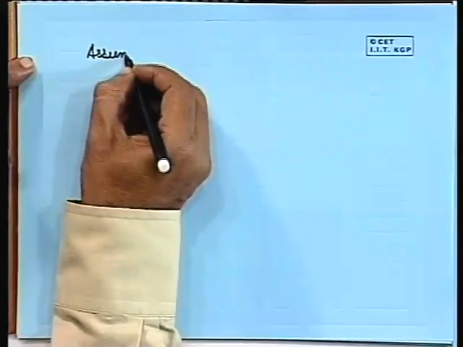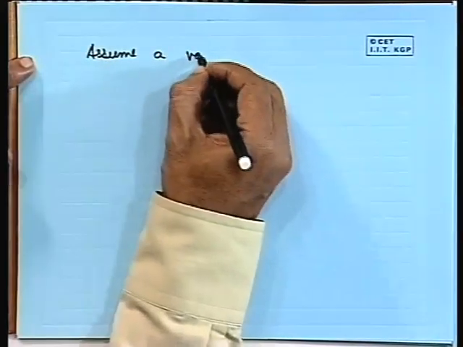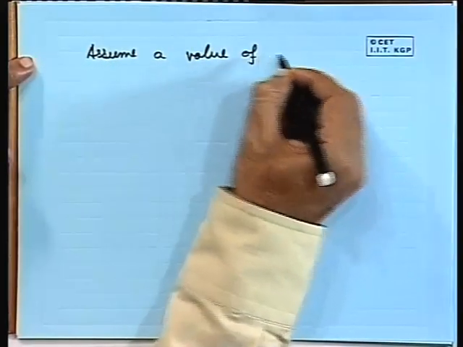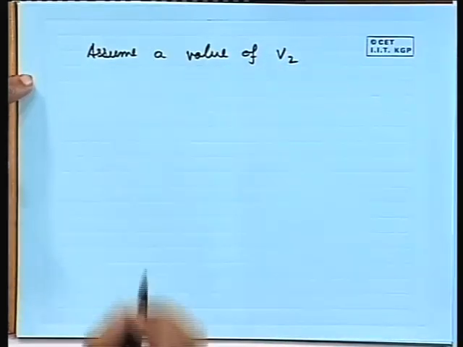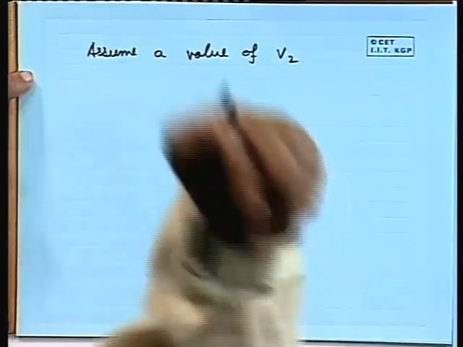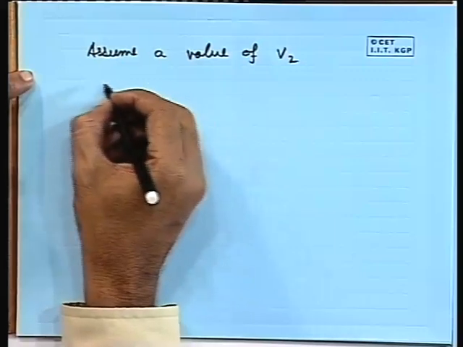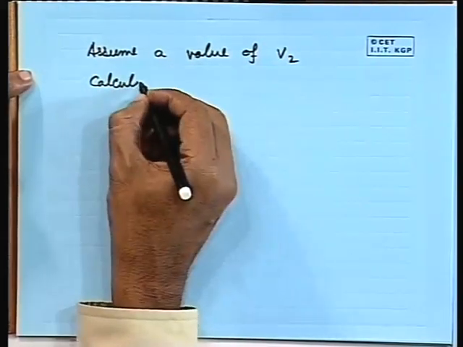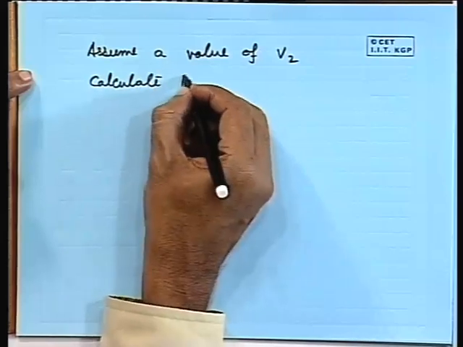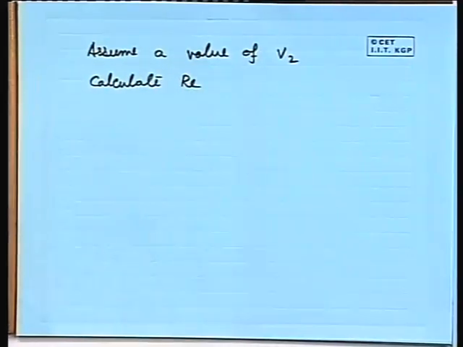All right. So what are the steps? First you have to assume a value of V2. Okay. Calculate RE, calculate Reynolds number.